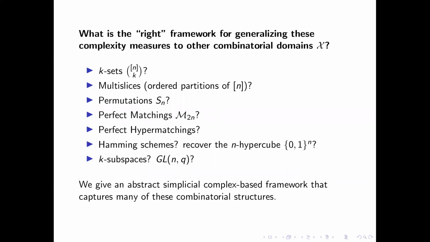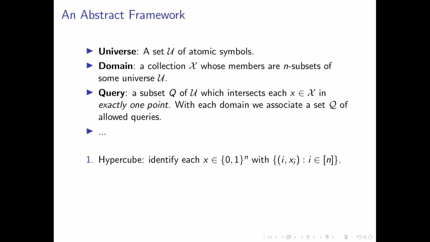One of the main contributions of this work is that we're able to give a framework based on abstract simplicial complexes to capture many of these combinatorial structures. I'll talk a little bit about this framework.